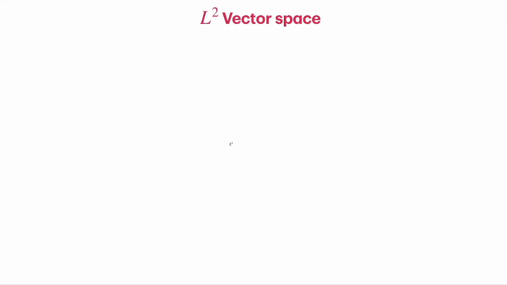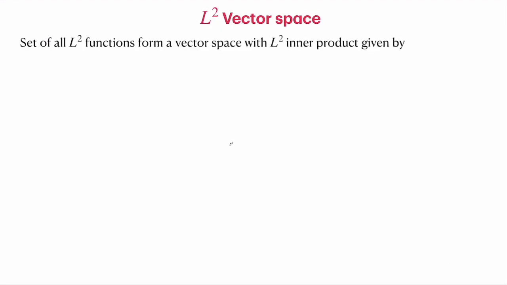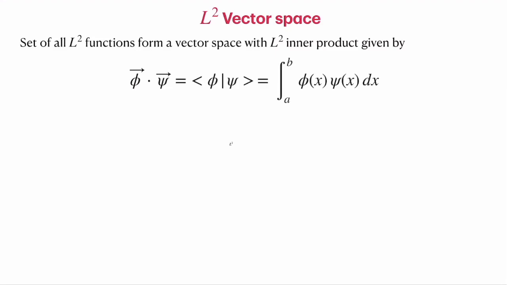L2 vector space. The reason for interest in L2 functions is that they form a vector space. The set of all L2 functions forms a vector space with the L2 inner product given, in the bracket notation, as phi dot psi equal to the integral from a to b of phi of x psi of x dx.